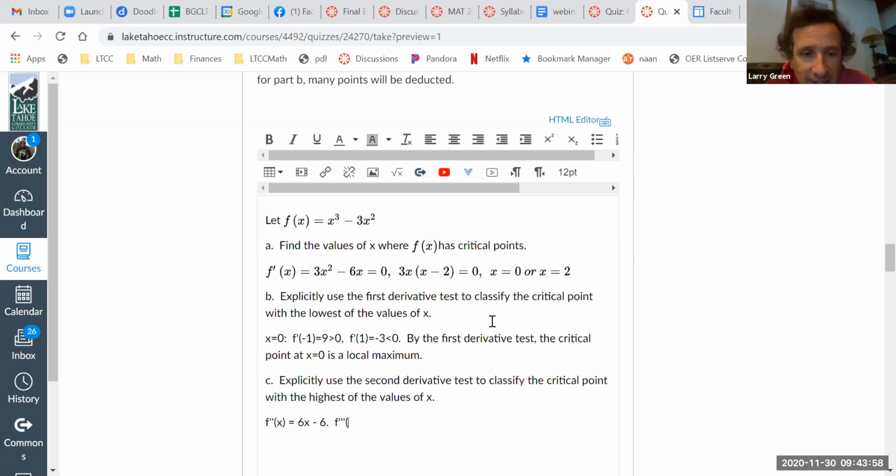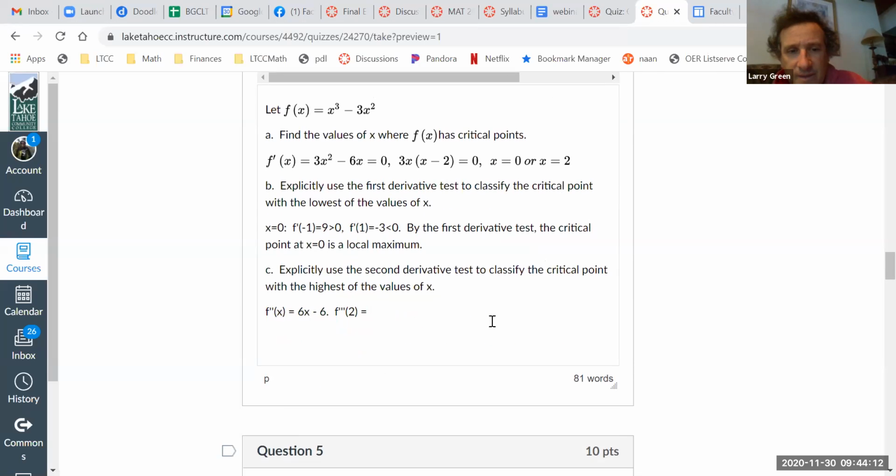In this case, the highest of the values, and that's 2. So if you plug in 2, what do you get? Not supposed to be hard. Yeah, it's 6.